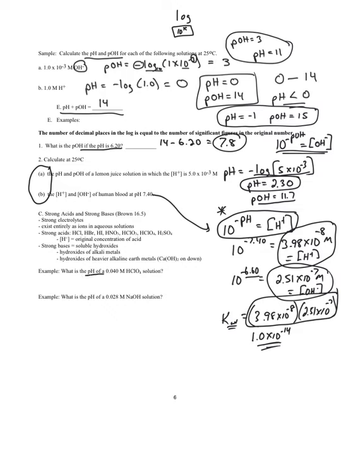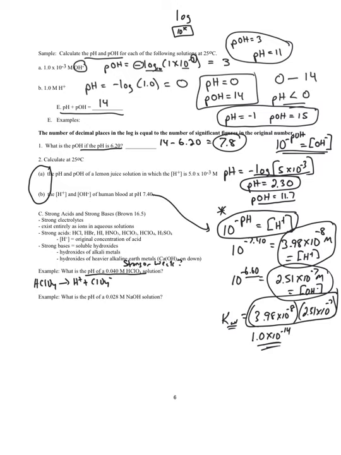What is the pH of a 0.04 molar HClO4 solution? Again, the first thing you want to ask yourself is, is this a strong or weak acid? And hopefully you said strong. So, perchloric acid completely ionizes, and that makes this problem very simplistic.